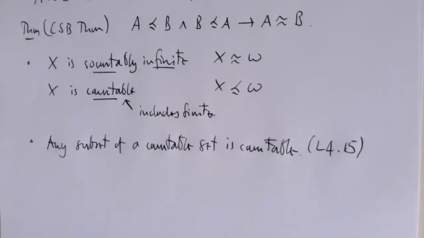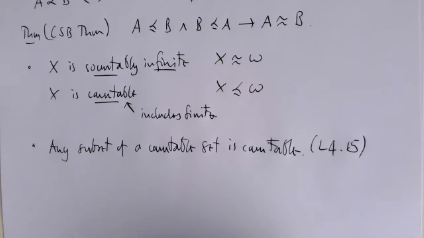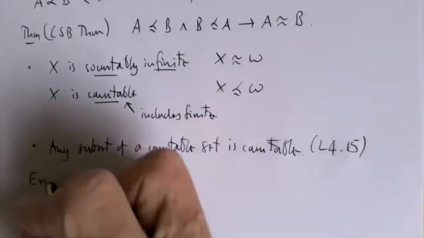Okay, so what one can then show from this, continuing looking at these properties of countability and being denumably infinite and so on, is something like exercise 4.11.1.